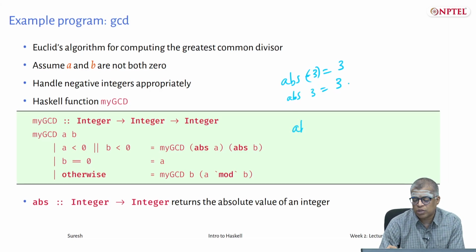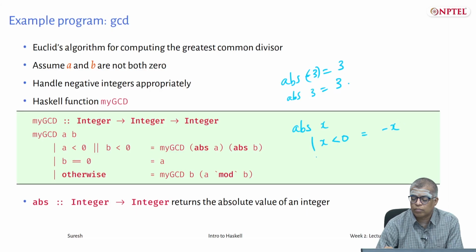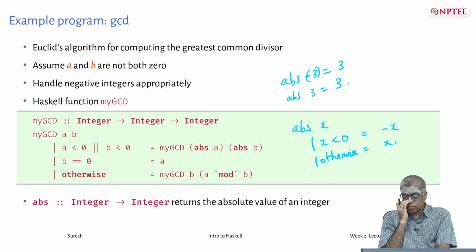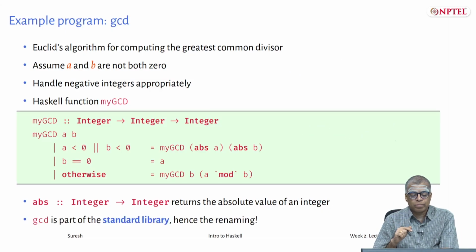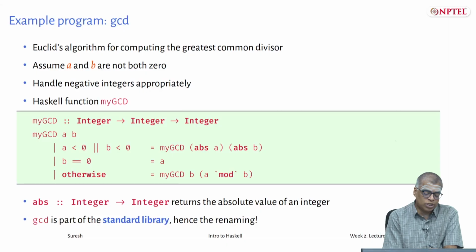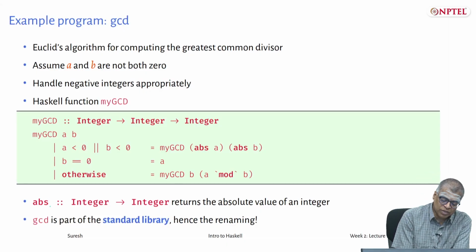Here is one possible definition of abs. You will say abs x... okay, that is one way of defining abs. Okay, so GCD is part of the standard library, abs is also part of the standard library.